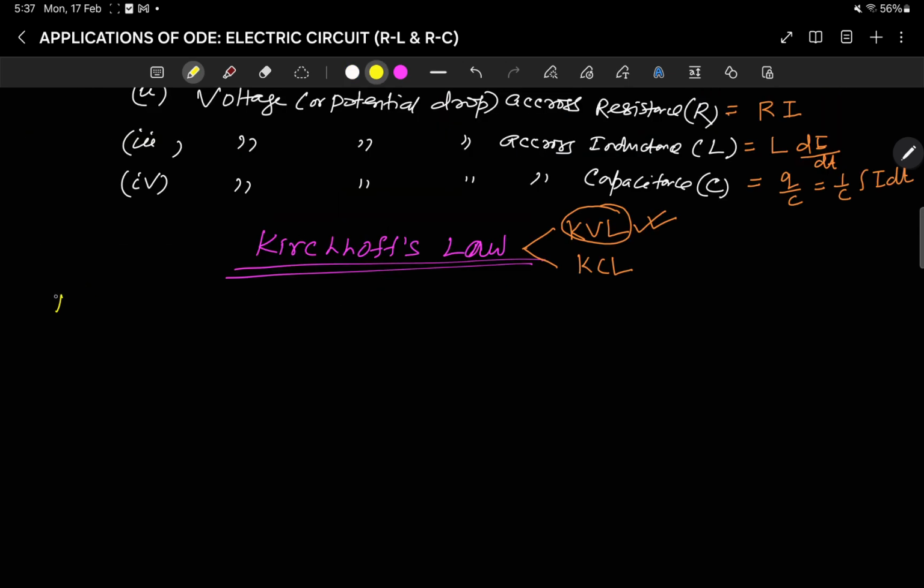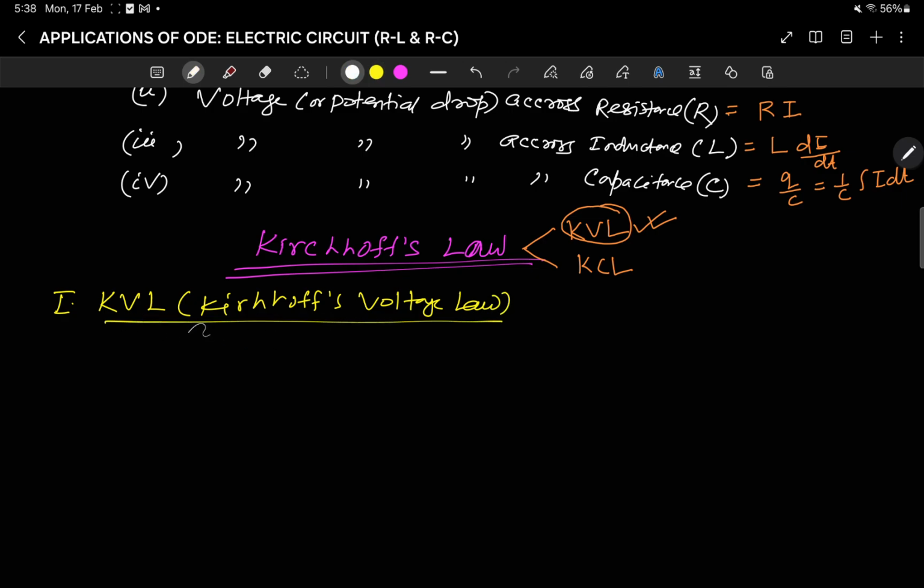Coming to one, Kirchhoff's voltage law, KVL. What is that?